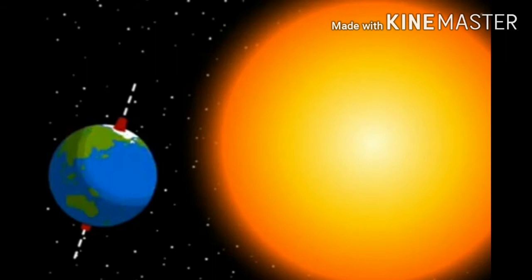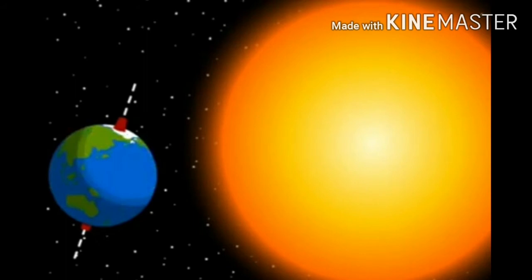Heat from the sun cannot reach the earth by conduction or convection because both these processes require a material medium to transfer heat. Heat from the sun reaches the earth by the process of radiation.